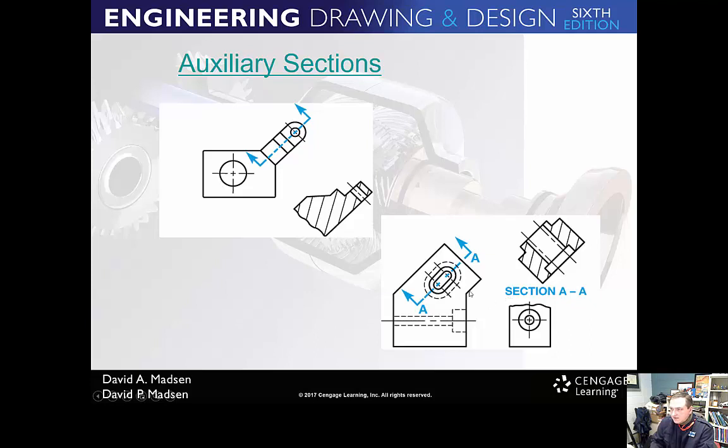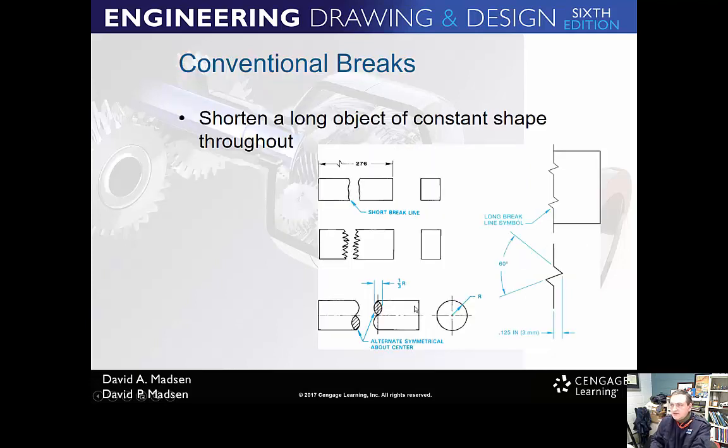However, on this one, we did a removed section and stuck it over here out of the way. And then they did a partial view down here just to show this area, and that way they could locate and dimension this countersunk hole right there. All right, so that's an example, and we're going to do auxiliary views later on in this class.